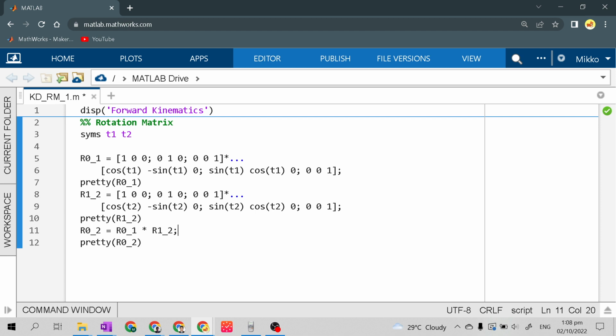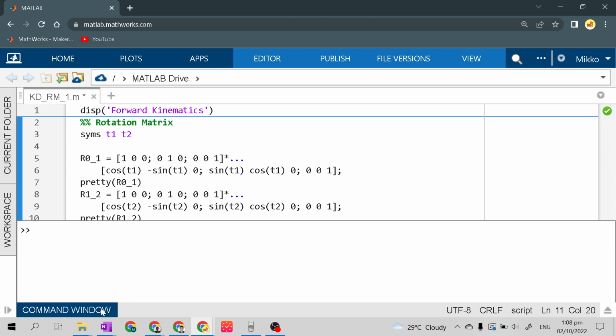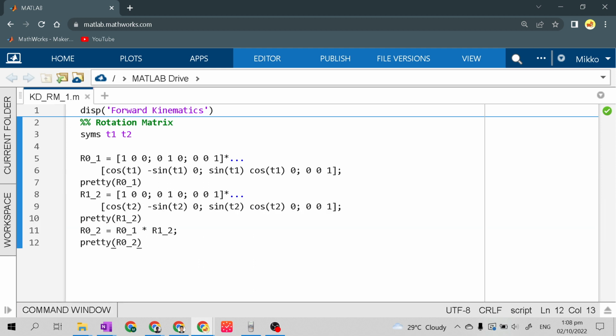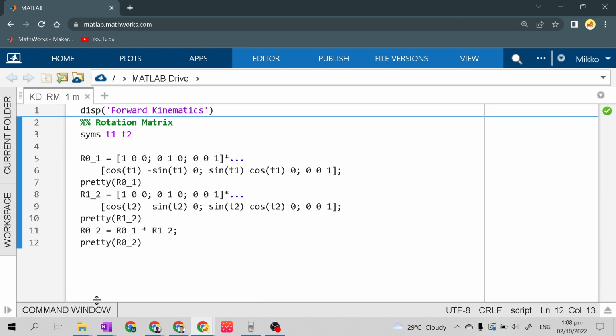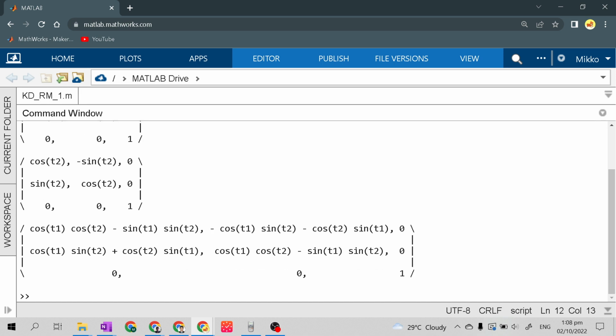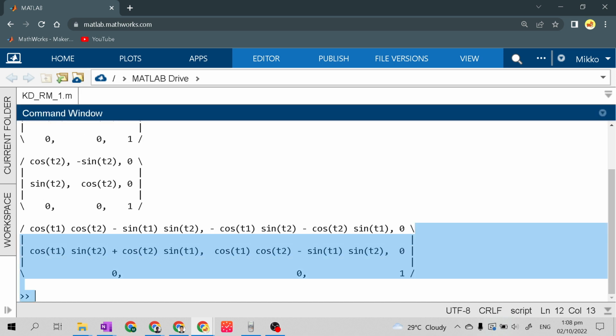Let's put some semicolons, and then see what it will look like. F5. Okay, now we have a prettified R02. So this is the rotation matrix of the whole mechanical manipulator.